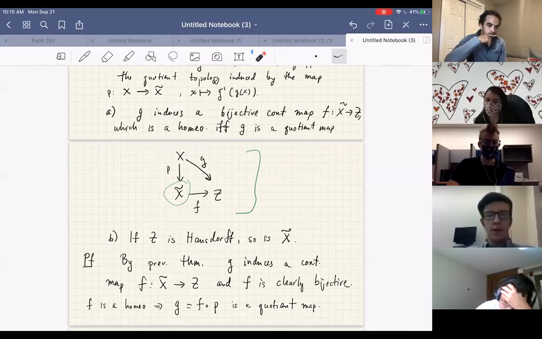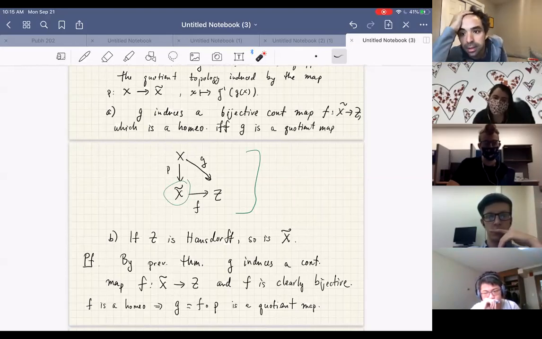I have a question about Hausdorffness. I remember we defined it in this way: if you have any two points, you can get open sets around them that are disjoint. And then I think we said if something is Hausdorff, then the only sets that are open and closed are the whole thing and the empty set. No, that's if something is connected. Connected.